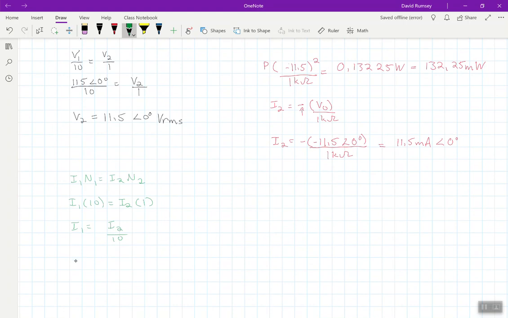Well, that's easy to see then, that I1 is going to be 11.5 milliamps at an angle of 0 degrees divided by 10. So we get simply 1.15 milliamps at an angle of 0 degrees.